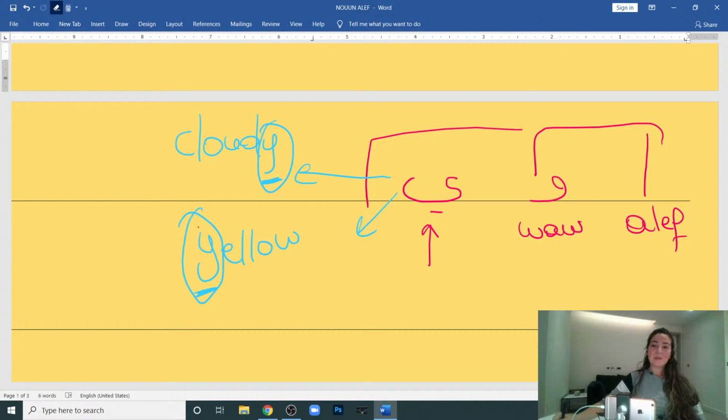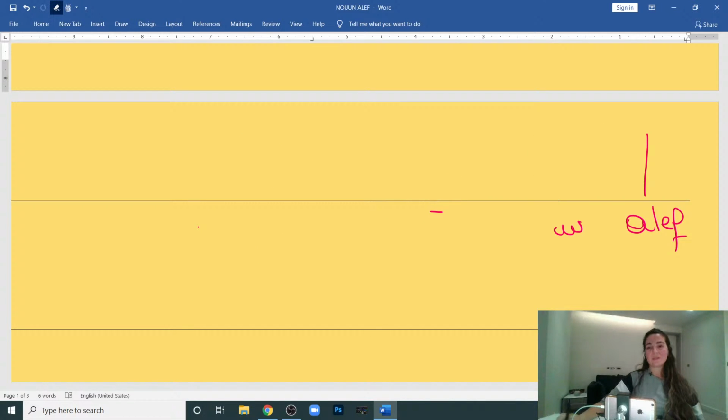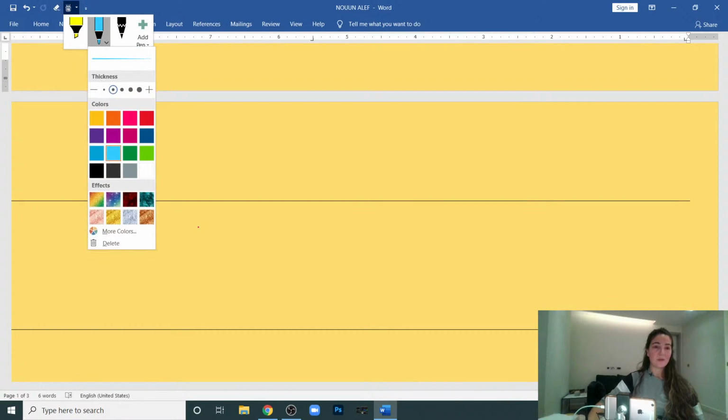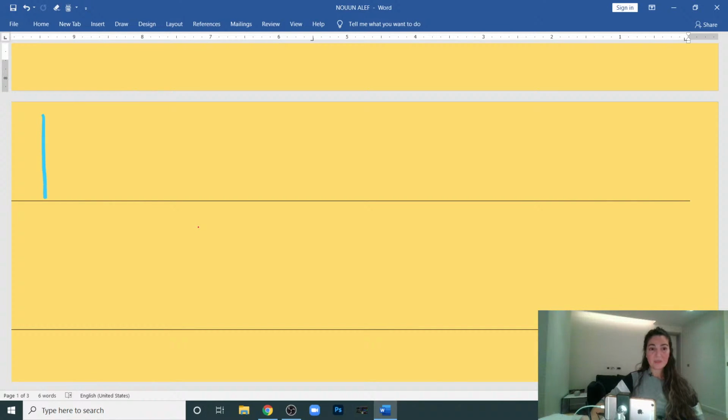Now, the letter Alif, which we will learn today, I'm going to just start with the Alif. Let's forget about the Waw for now. The Alif has an A sound when it's a vowel. In Lebanese, it can also sound like a different A. You should know the word to be able to pronounce it.